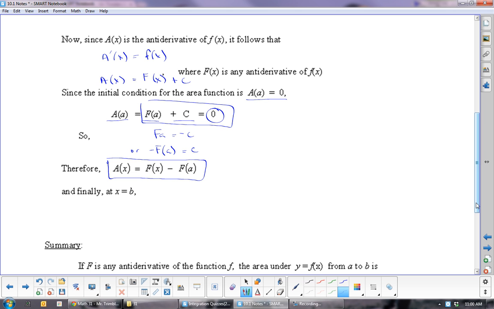And finally, at x equals b, the area at b equals capital F of b minus F of a.